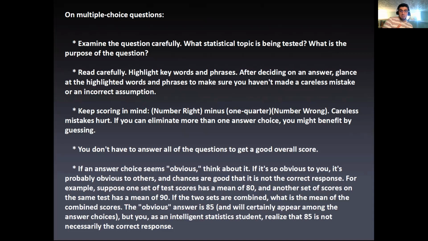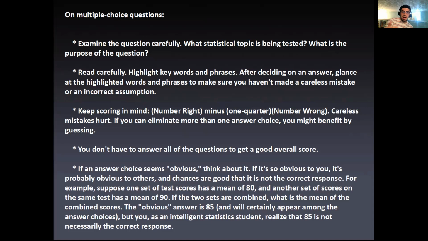But you realize after going through a stats class that 85 is not necessarily the correct response, because you don't know the size of each data set that they used to get the mean of 80 and to get the mean of 90.